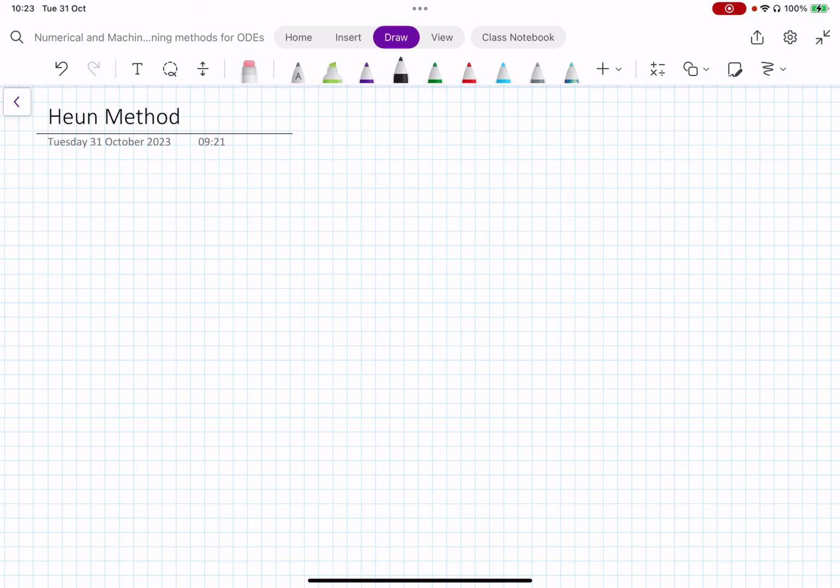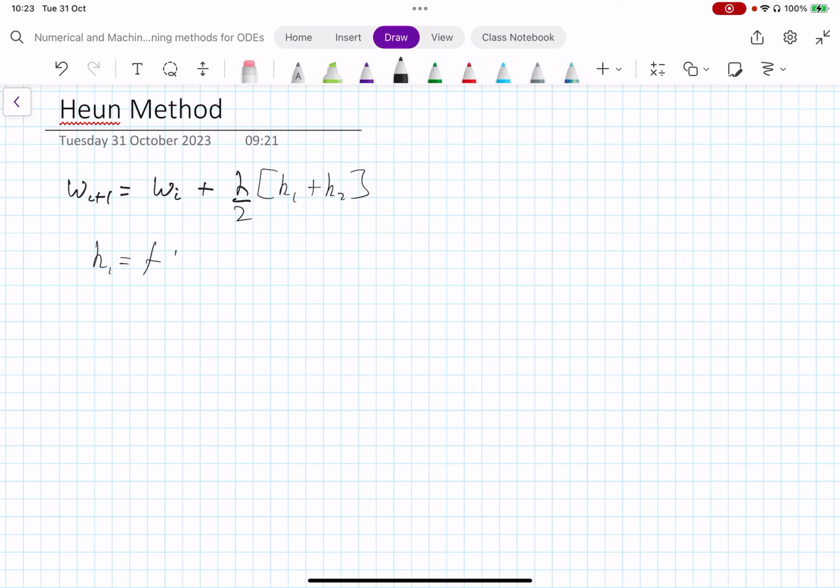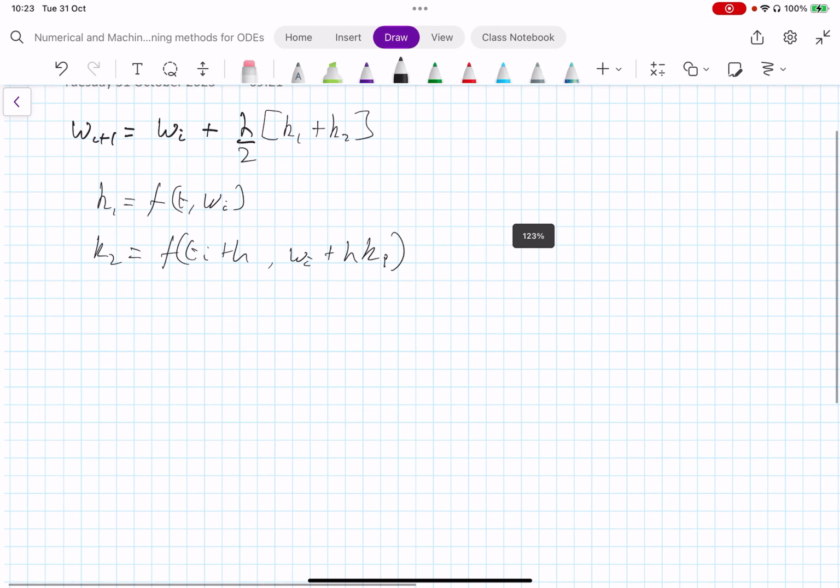Next, the Heun method. The Heun method, as I stated, is a version of the second order Runge-Kutta. The general form says that w_i plus 1 is equal to w_i plus h divided by 2, k1 plus k2, where k1 is equal to f of t, w_i, and k2 is equal to f of t_i plus h, or t_i plus 1, comma w_i plus h k1.